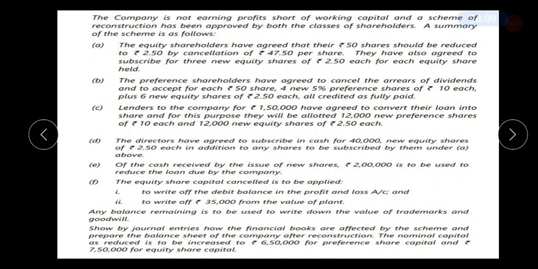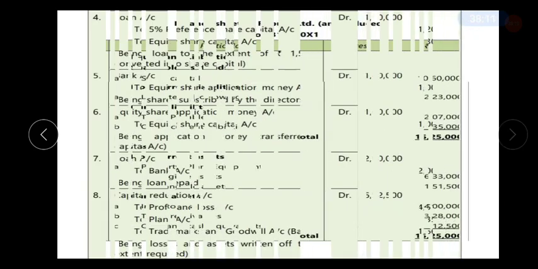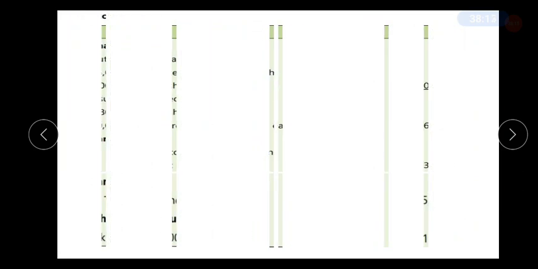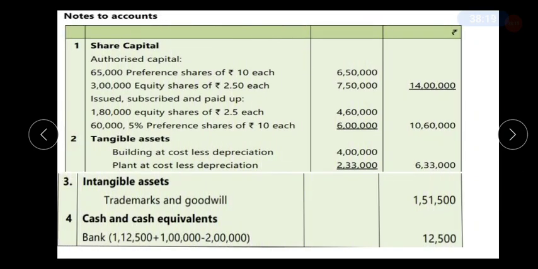That new capital is mentioned in the note here. One is equity share capital and another is preference share capital. Equity share capital at the face value of rupees 2.50, and a new preference share capital at rupees 10 each. It's here, a new preference share capital at rupees 10 each.